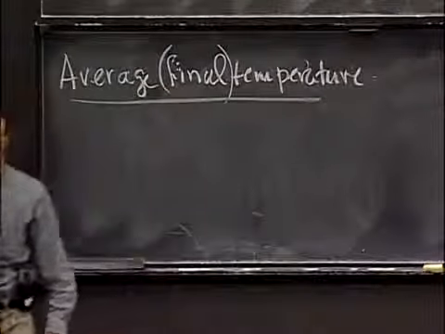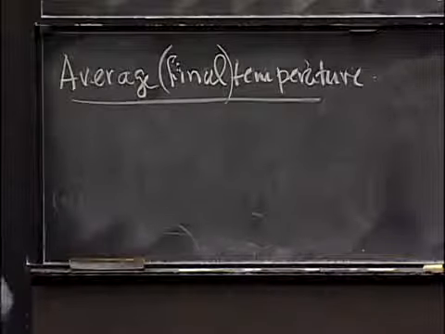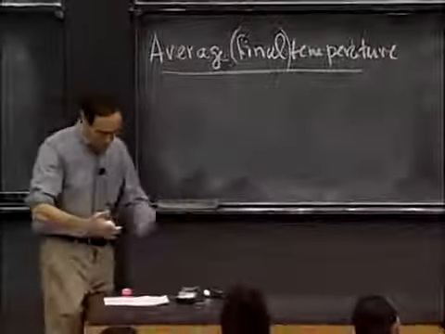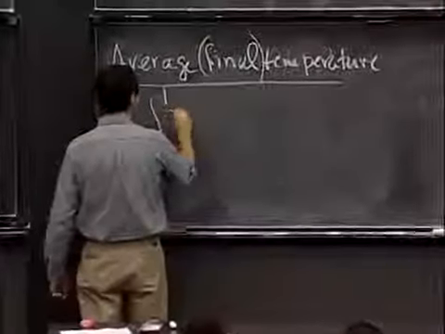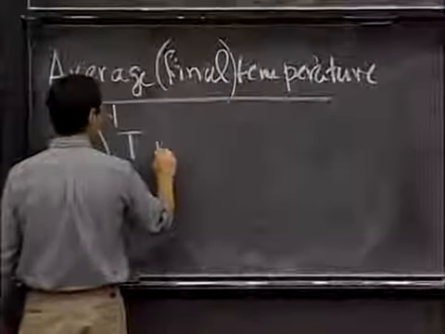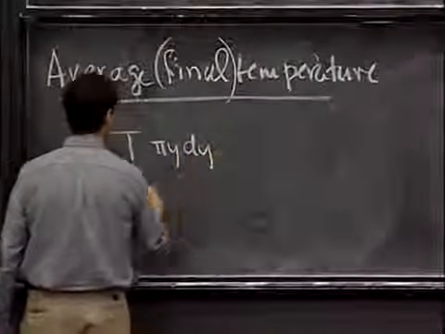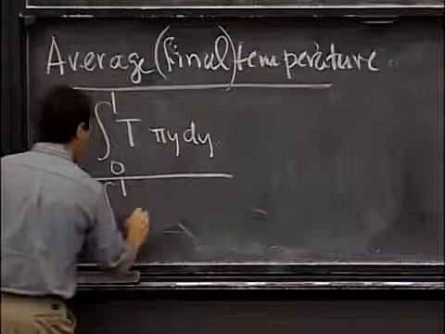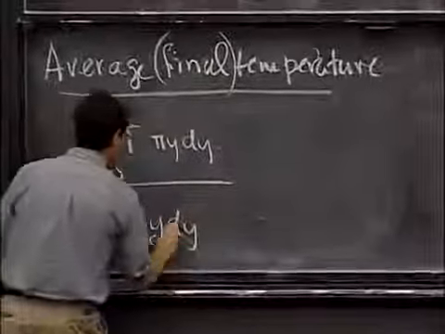The average starting temperature is very boring. It's 0. The average final temperature is, individually the temperatures are different. And the answer here is it's the integral from 0 to 1 of t times pi y dy divided by the integral from 0 to 1 of pi y dy.